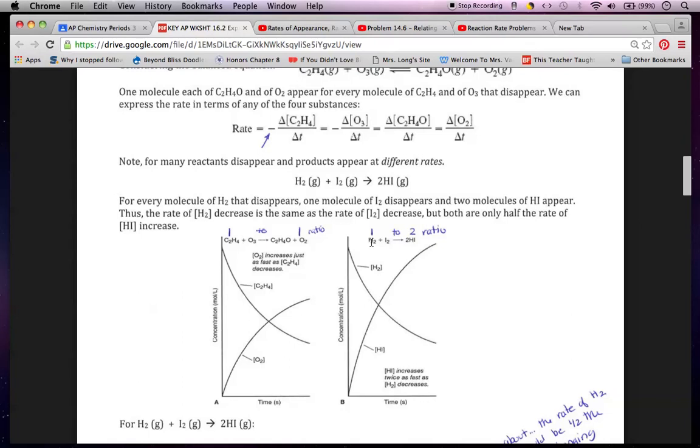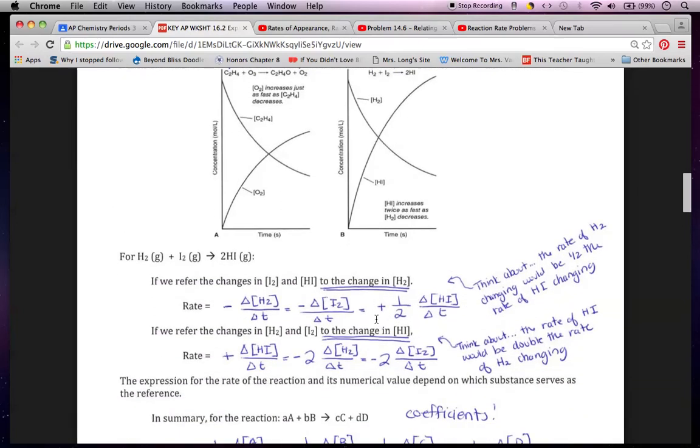So for H2, as that decreases, for every one H2 it's going to make 2 HI. So we would expect that if we compare the HI rate, it would be double, or twice as fast as H2, which, if you think about the reaction and the relationship, makes sense. So one thing is being able to express the rate in terms of a specific reactant or product.